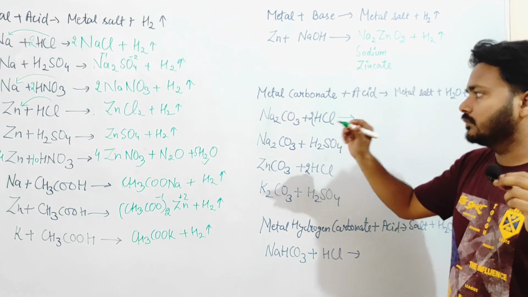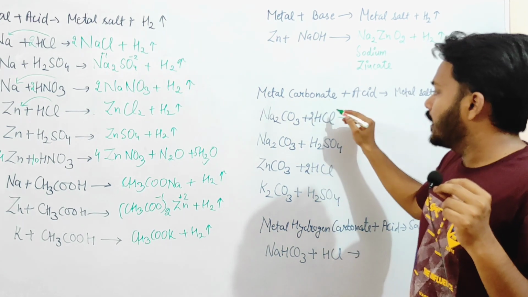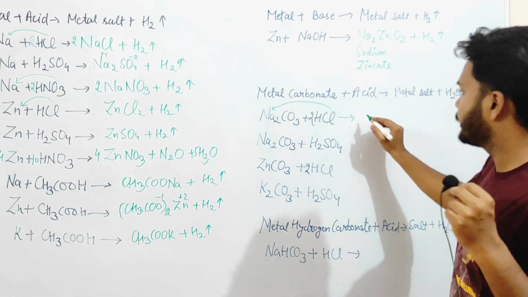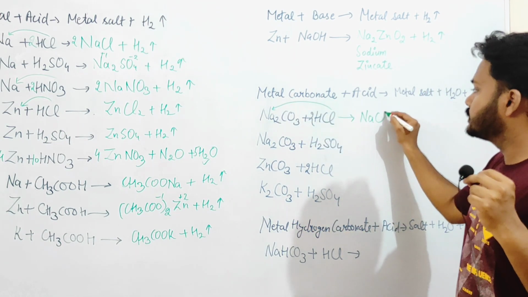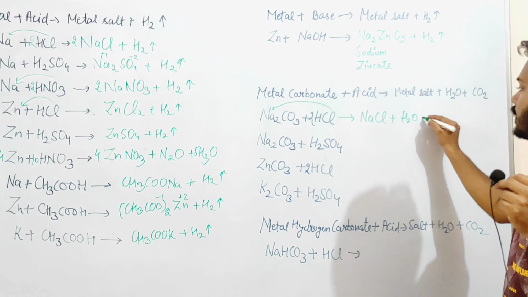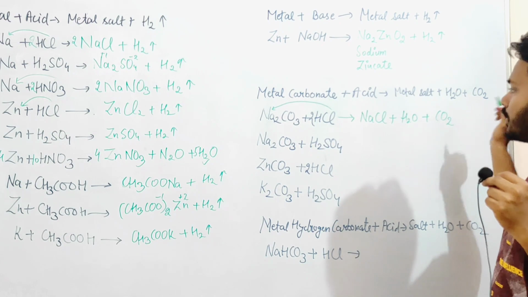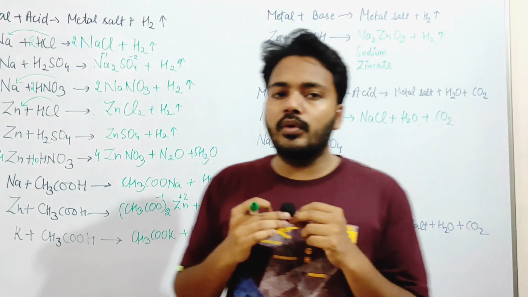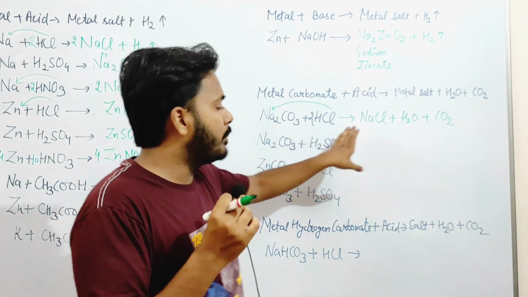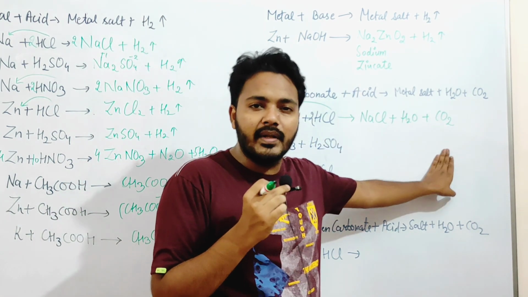A simple salt. It is simple to prepare this salt. Combine the negative part with the metal part, NaCl, and simply write water and carbon dioxide. This is the simple metal carbonate with acid reaction. Metal carbonate reacts with acid to form metal salt, water and carbon dioxide.